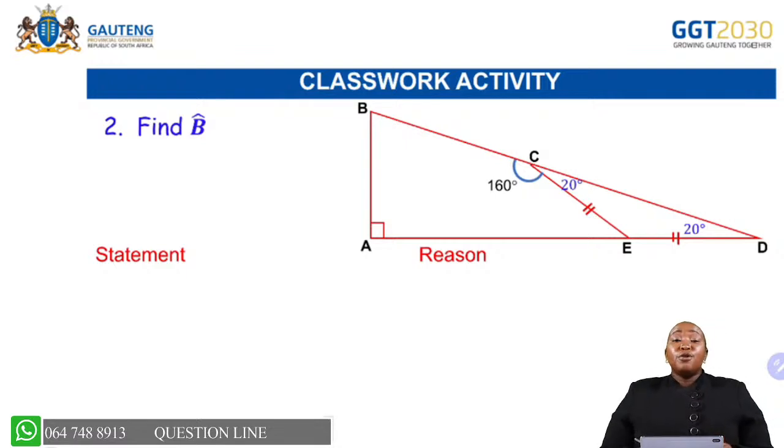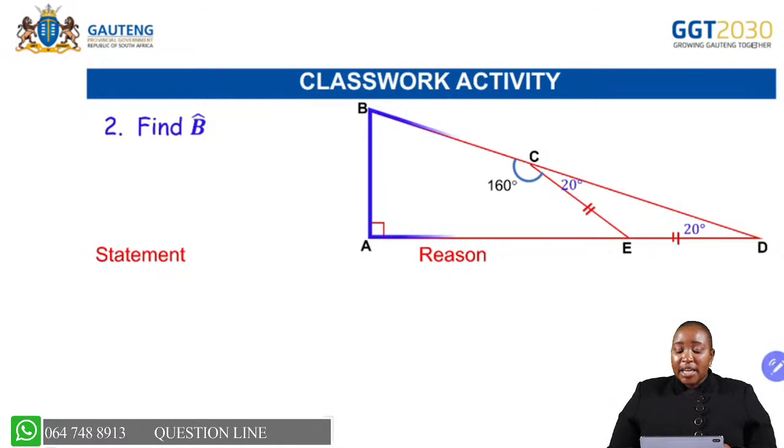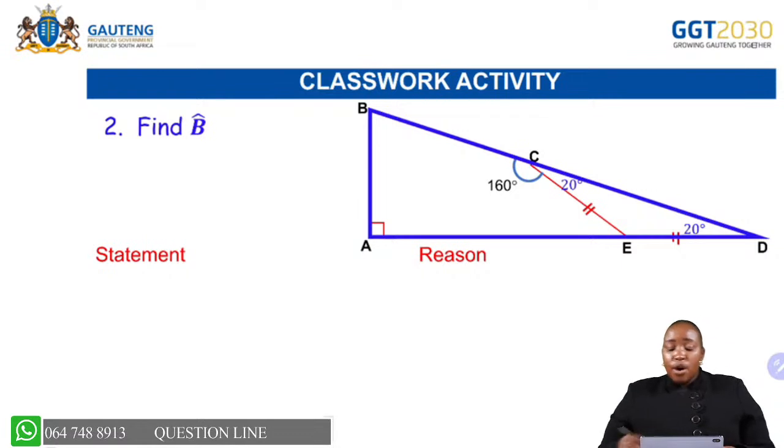What you should have noticed was that angle B is actually in the big triangle, which is triangle ABD. I've highlighted it for you so you can see that we've moved on from the triangle CDE, right? Now, when you are working with this big triangle, you notice that angle B is inside the triangle.